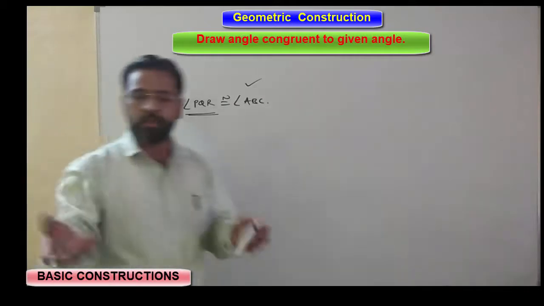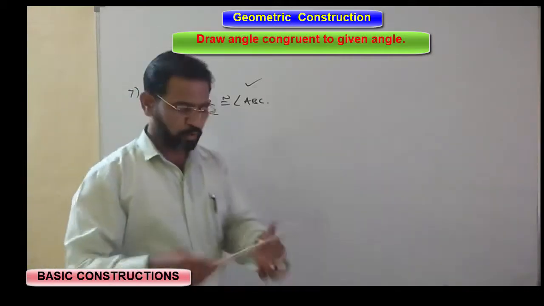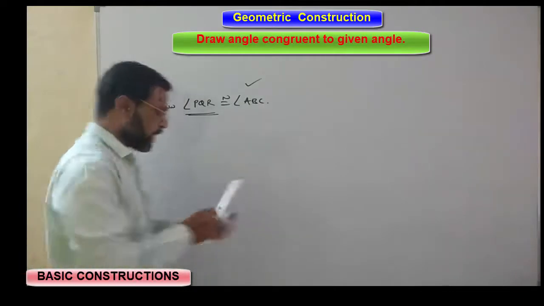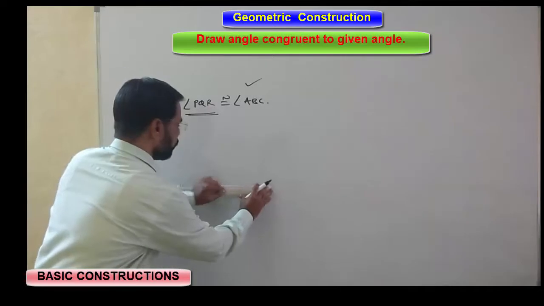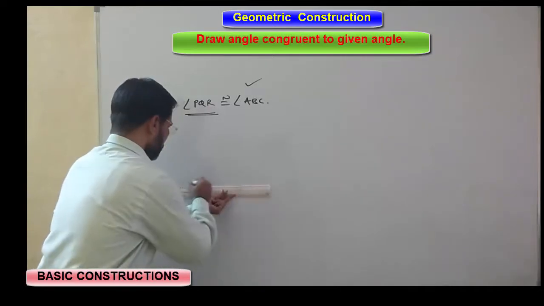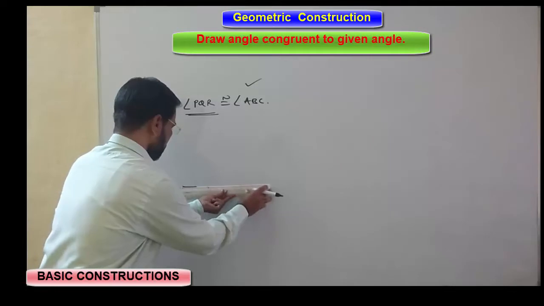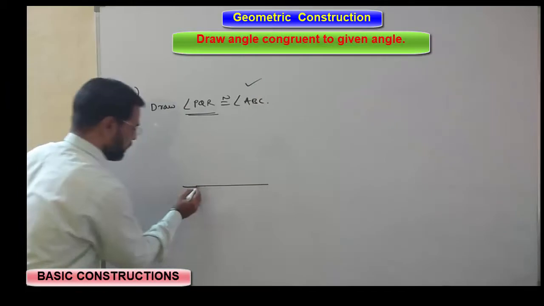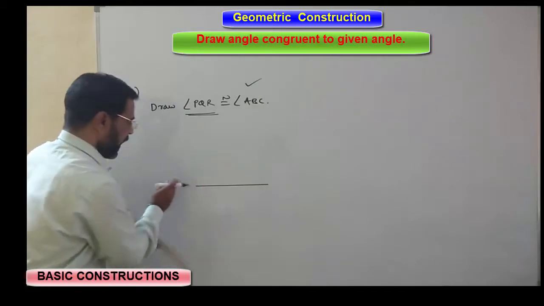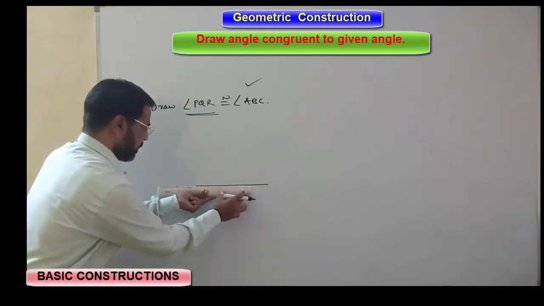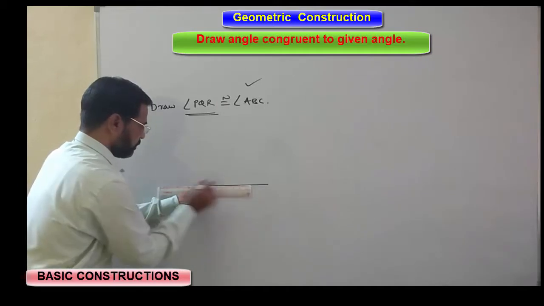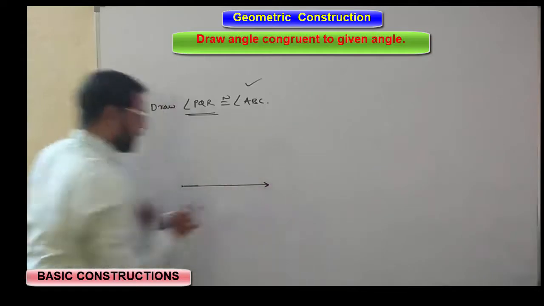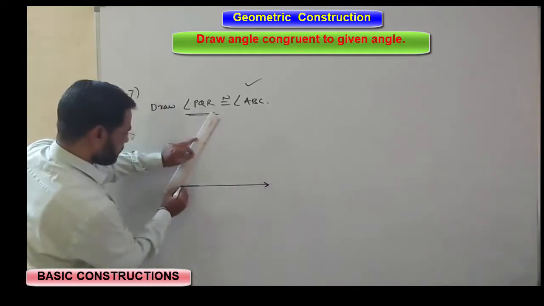Okay, suppose they are given to us one angle here. Just look here. The measure of that angle, how much? That one we don't know. Suppose the angle is here, like this.